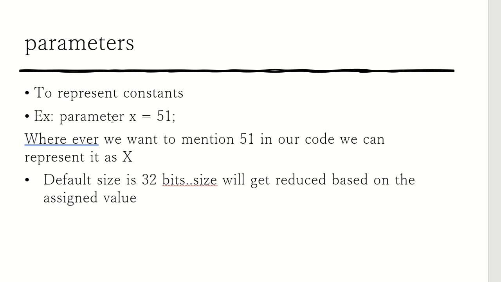Here we are representing parameter x equals 51. Wherever we want to mention 51 in our code, we can use x in that place. The default size is 32 bits and it can be modified based on the assignment we do to that parameter. For example, if we assign a 4-bit binary number to x, then it will become 4-bit size.